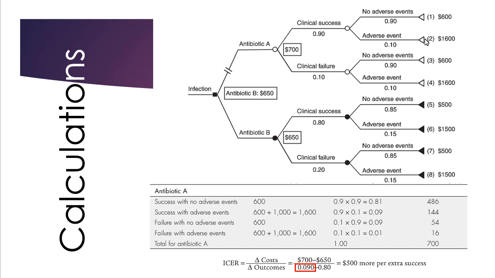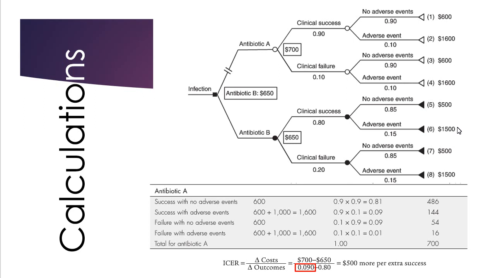The cost associated with this pathway over here, adverse event, clinical success, antibiotic A, is $1,600 US because most likely the cost of managing this adverse event is a lot higher compared to no adverse event. And you'll see the same logic applies, that the cost of no adverse events is less compared to managing adverse events, and the same thing for antibiotic B. In this instance, the cost is lower for managing patients with no adverse events compared to the cost for patients that experience adverse events.